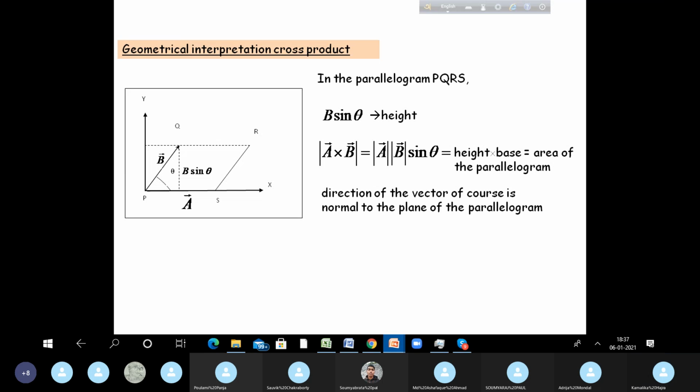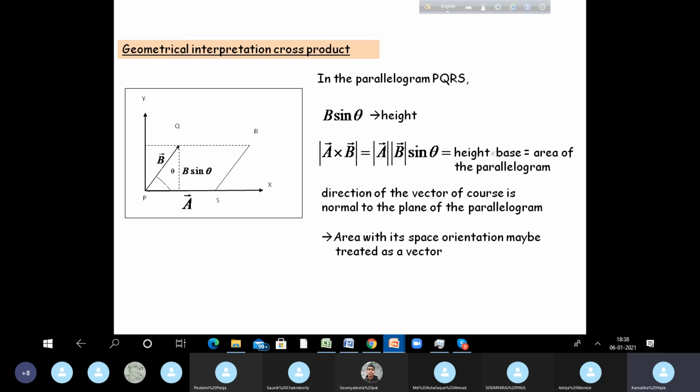So the geometrical significance, the geometrical interpretation of the cross product, is that the cross product of two vectors gives you a vector that is perpendicular to the plane and in magnitude gives the area of the parallelogram formed by the two vectors. The parallelogram, the sides of which are formed by the two vectors.